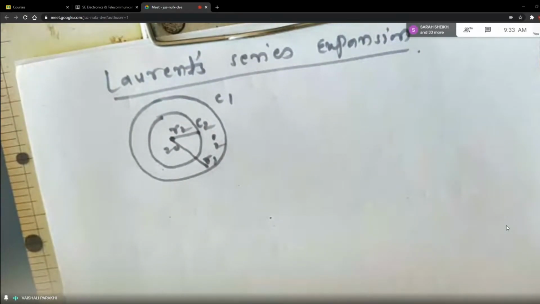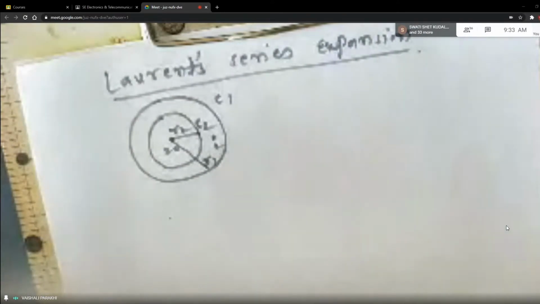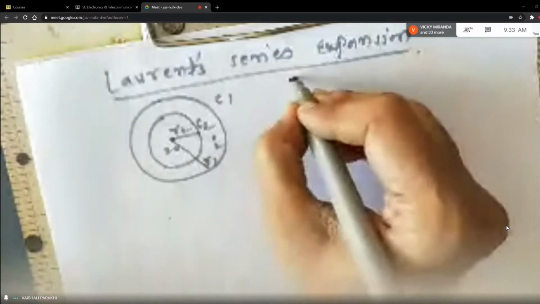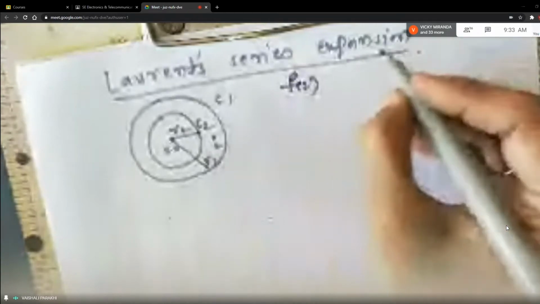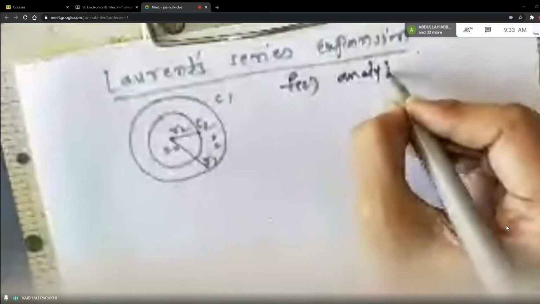And if f of z is analytic in the region R between the two circles, then for any point z in R, your function f of z is analytic. Analytic means what, students?